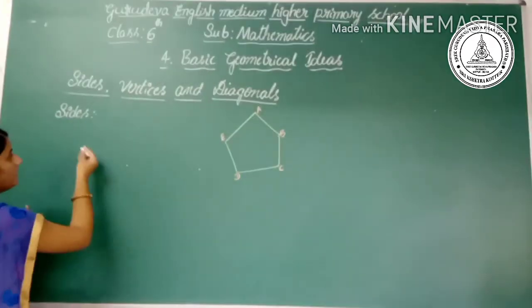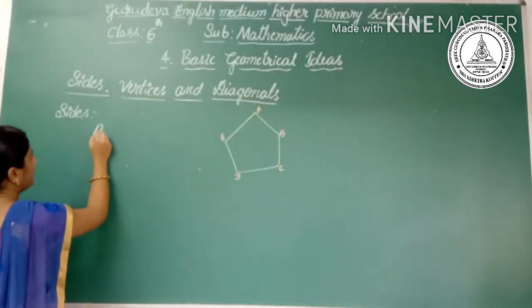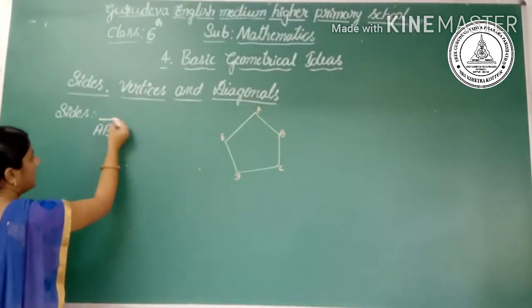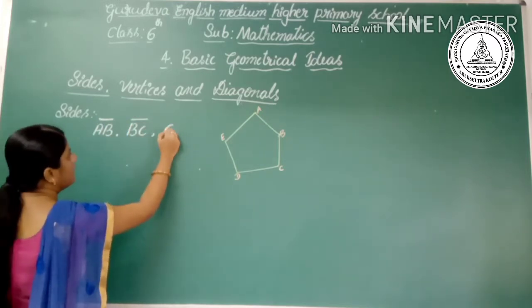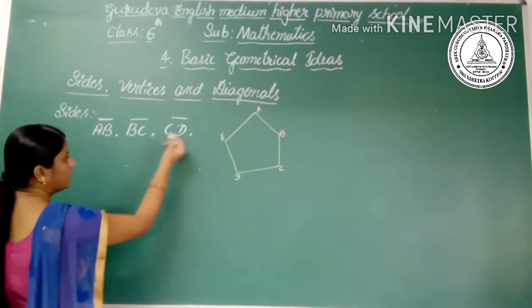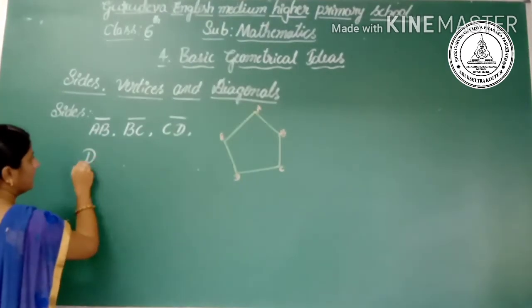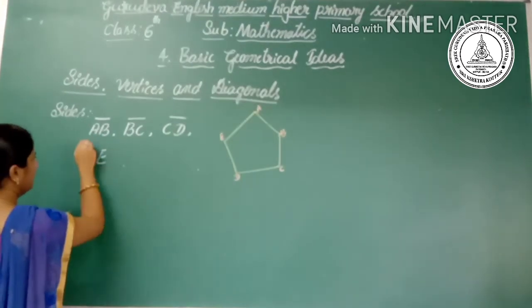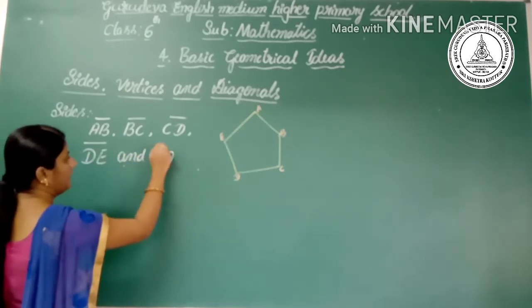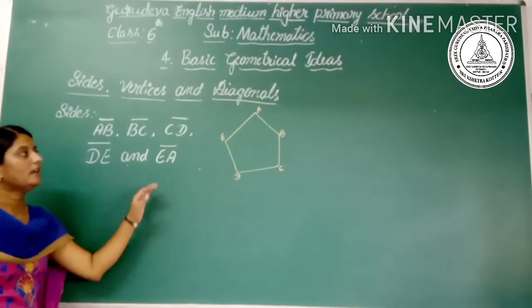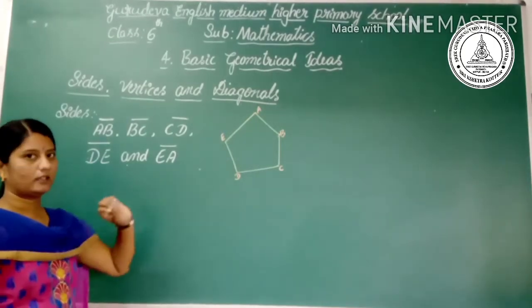So the sides are the line segments AB, BC, CD, DE and EA.